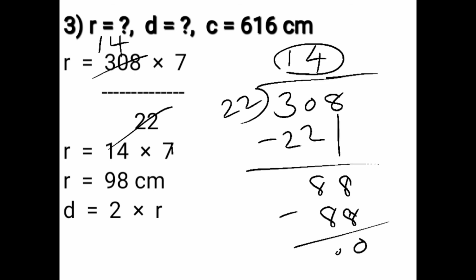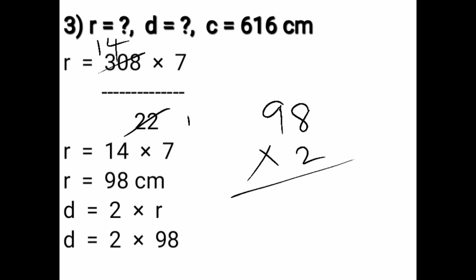You have to find diameter. Diameter is equal to 2 multiplied by radius. Okay, that is diameter is equal to 2 into 98. Radius how much you got here? 98 centimeter. Now 2 into 98 you have to do.